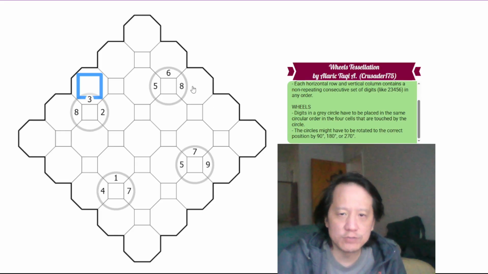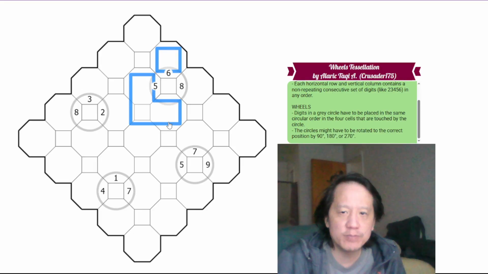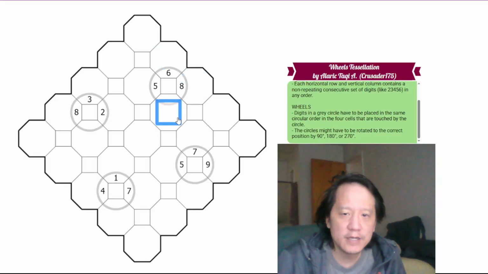And the special rule here is wheels, where digits in a gray circle have to be placed in the same circular order in the 4 cells that are touched by the circle. The circles might have to be rotated to the correct position by 90, 180, or 270 degrees.